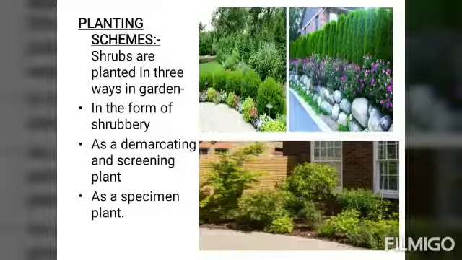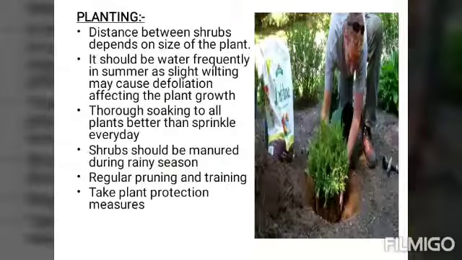Now we'll come to the next, that is the steps of planting or maintaining shrubs. Firstly, you have to keep in mind the distance between shrubs, which depends on the size of the plants. According to the size of the plant, you have to make the distance, shrub to shrub.